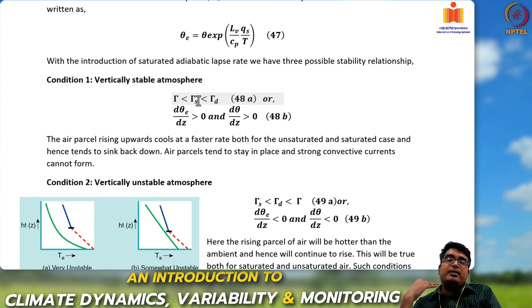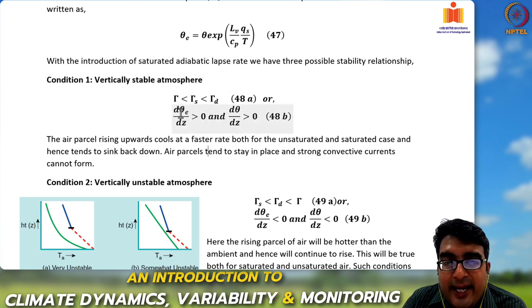Originally what we said was if gamma is less than gamma d, then it's a vertically stable atmosphere. Here we are saying if gamma is also less than gamma s, then this atmosphere is vertically stable under both dry and saturation conditions. So this condition, gamma less than gamma s less than gamma d, has to be satisfied for this to happen.